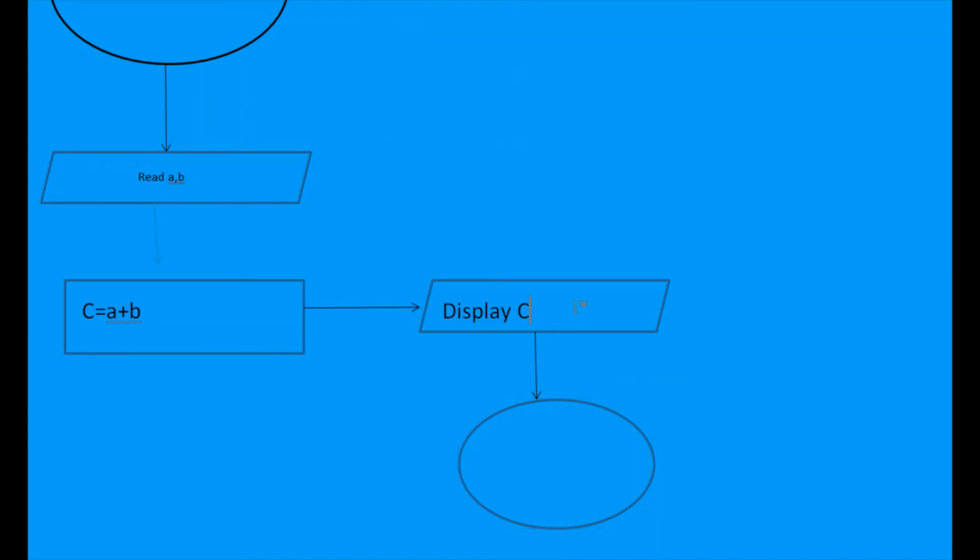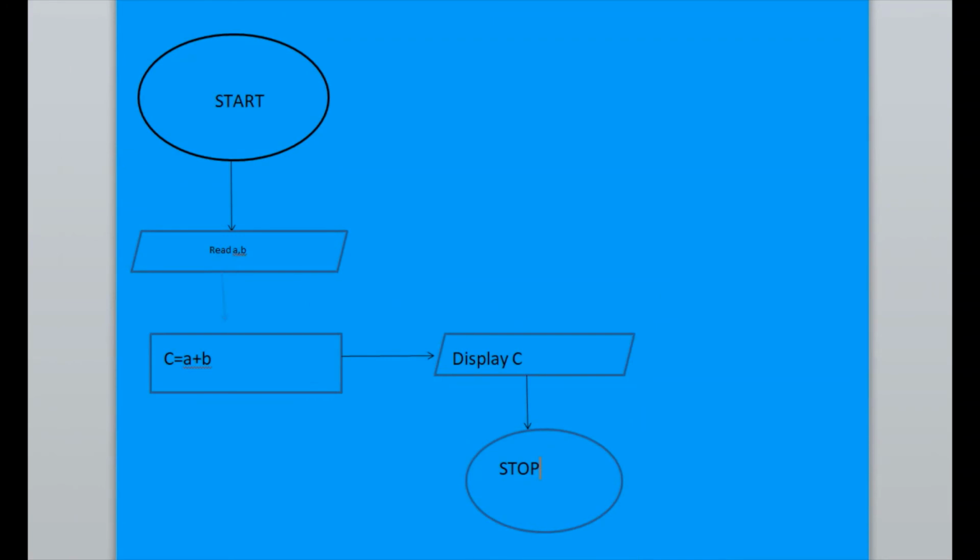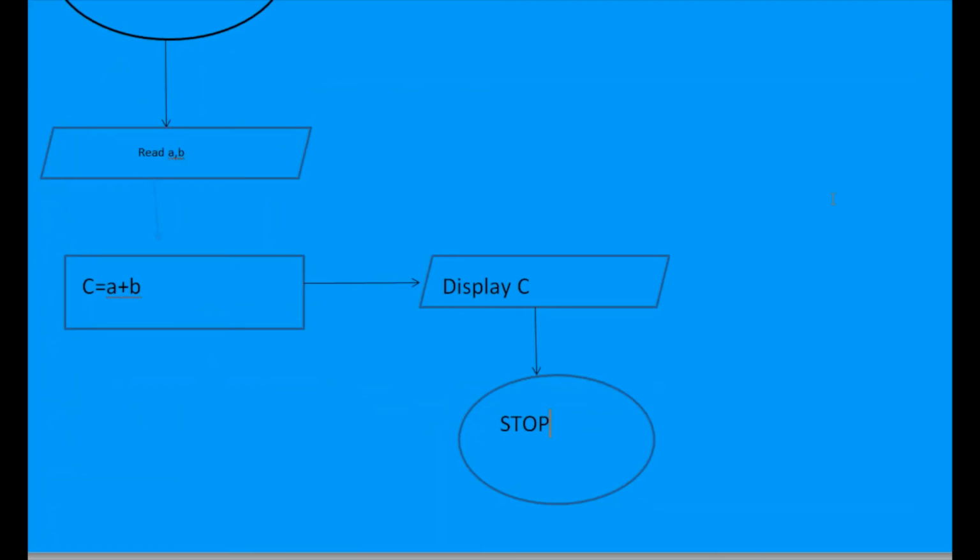After C, I would write stop here. So the whole program is stopped. As you can see this, I have the program. You can view it over the desktop or anything you have. Okay, let me clear this all.